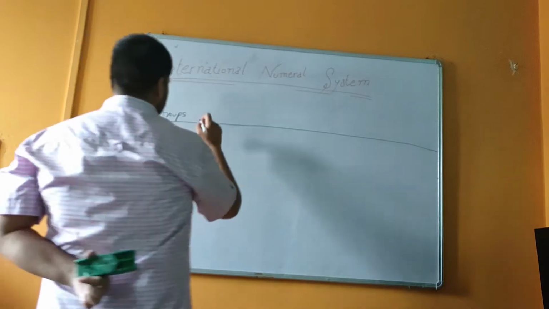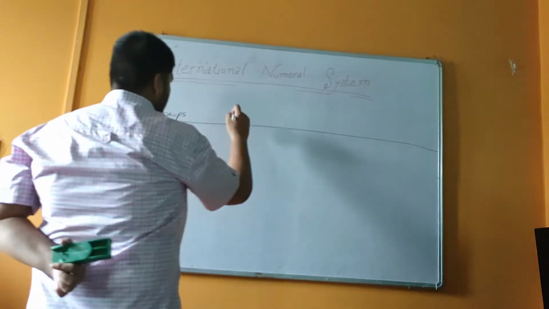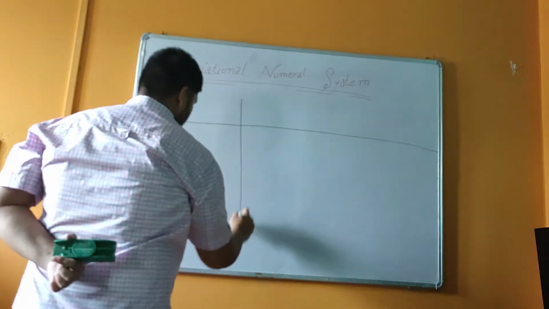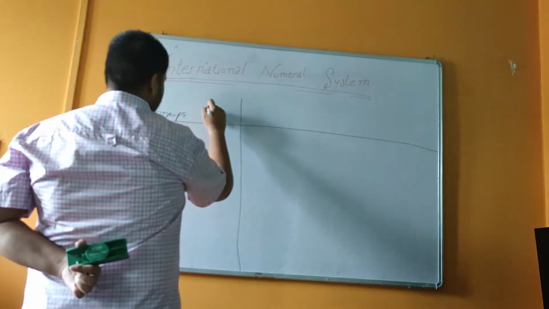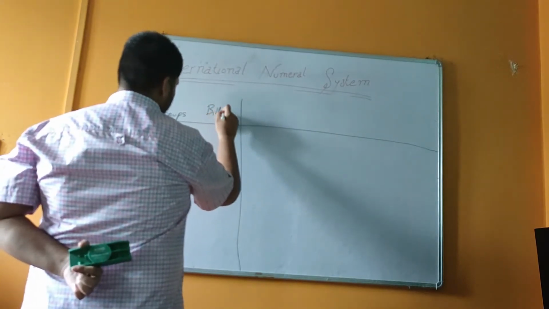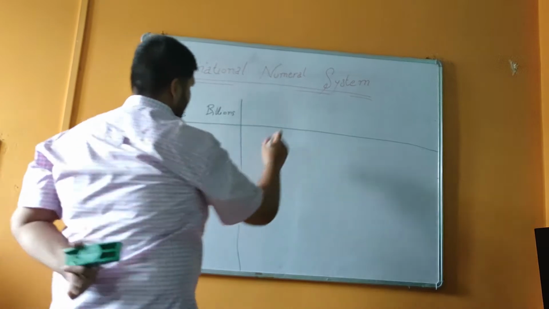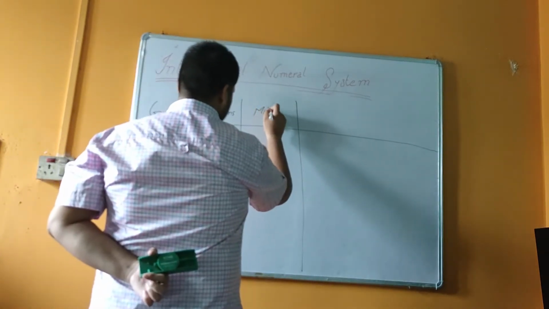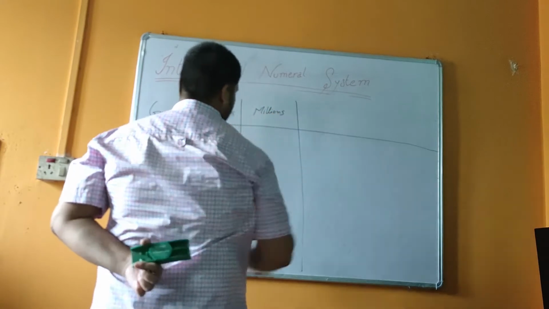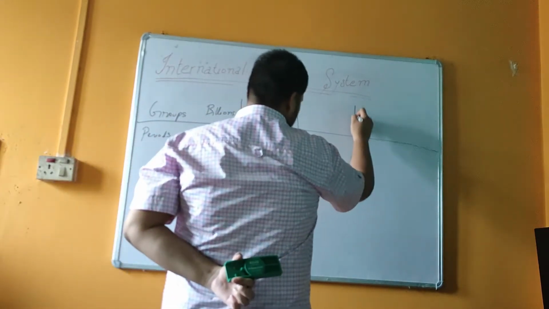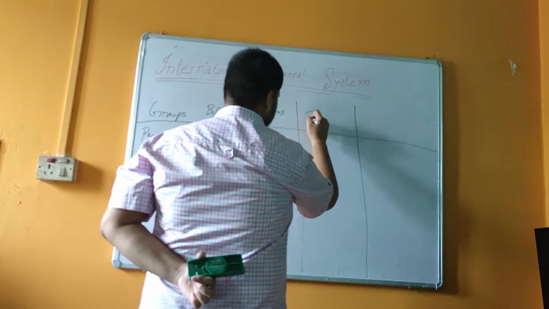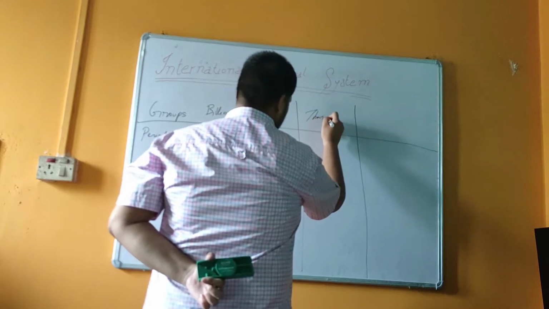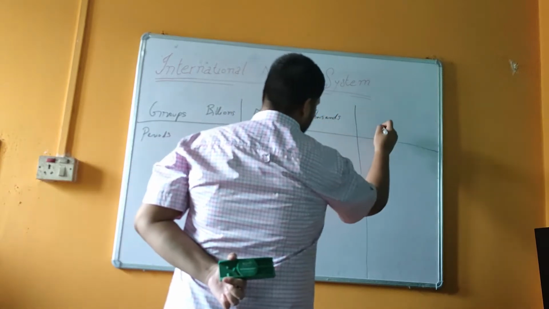In the groups, you have first billions, then millions, then thousands, then ones.